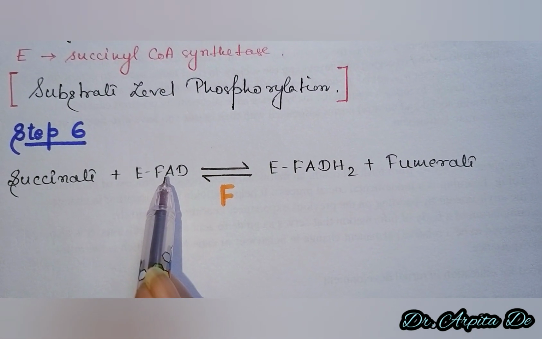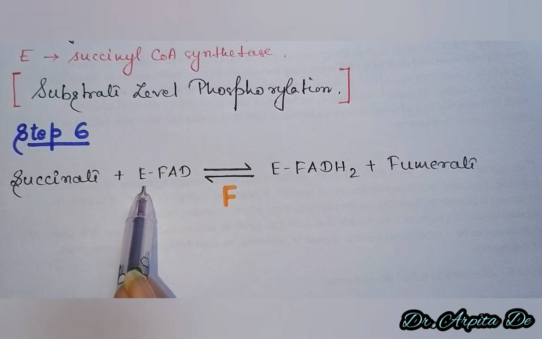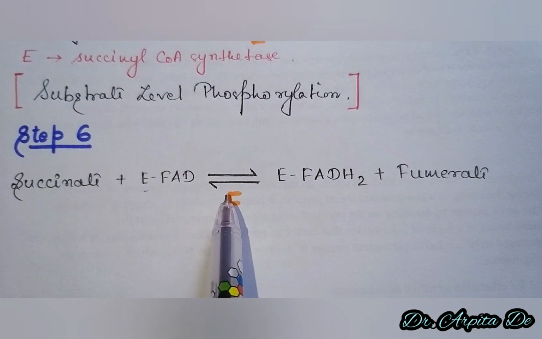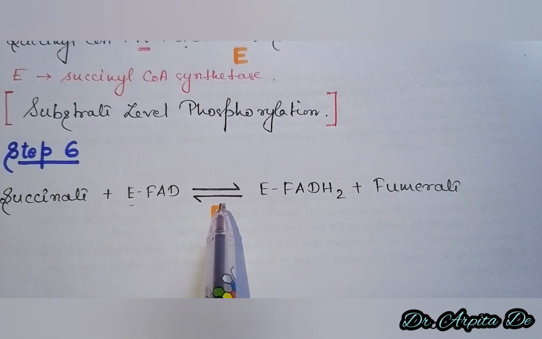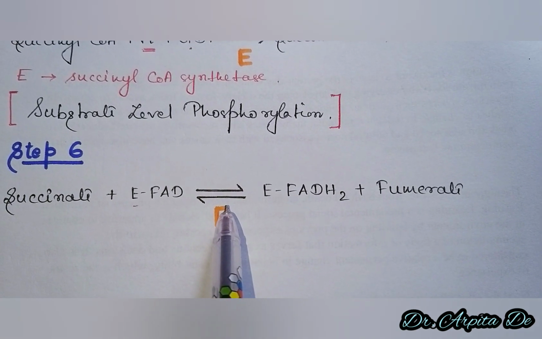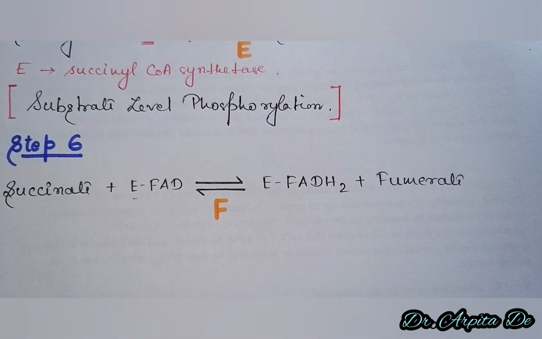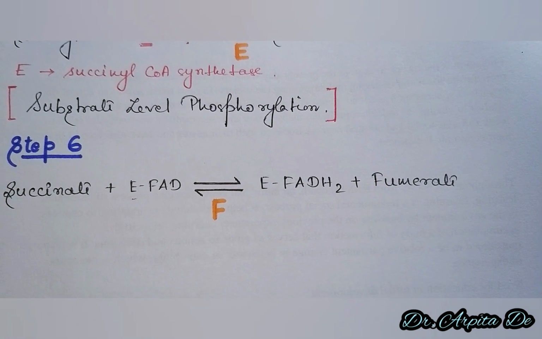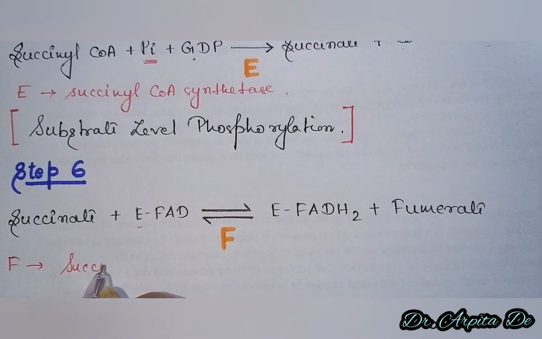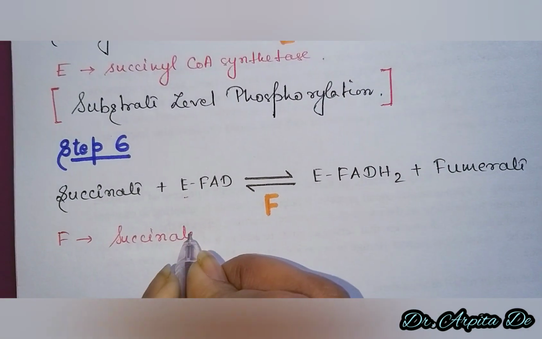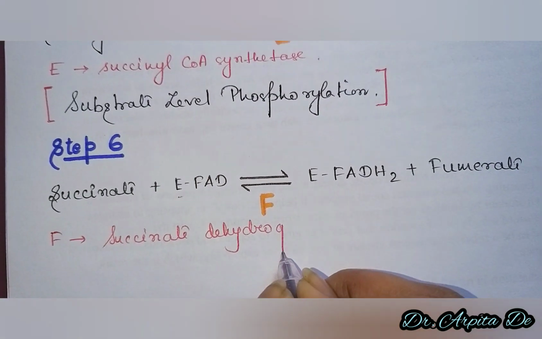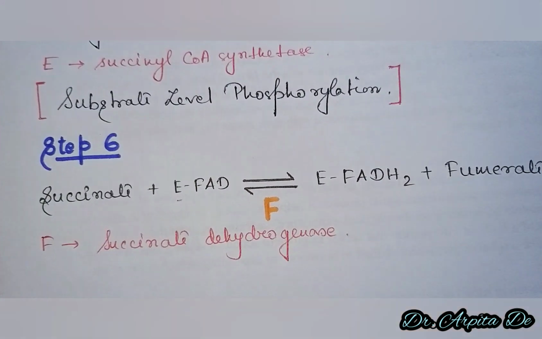E-FAD is enzyme containing FAD, and this reaction is a reversible reaction which is mediated by enzyme F. F is for succinate dehydrogenase, correct?